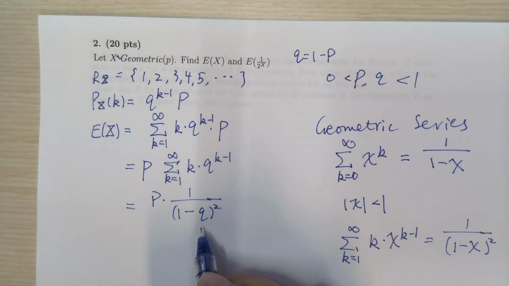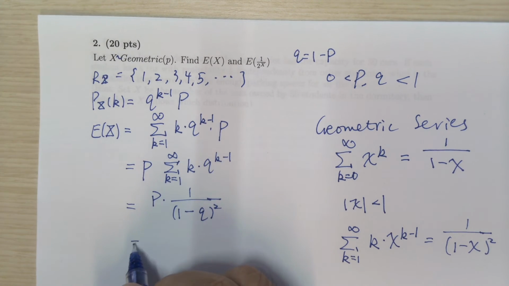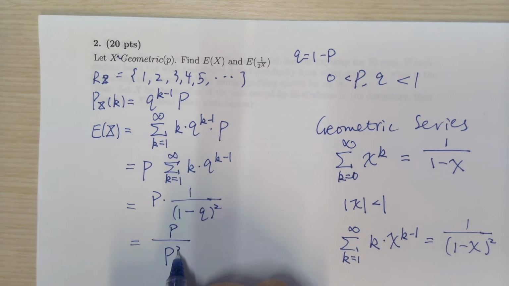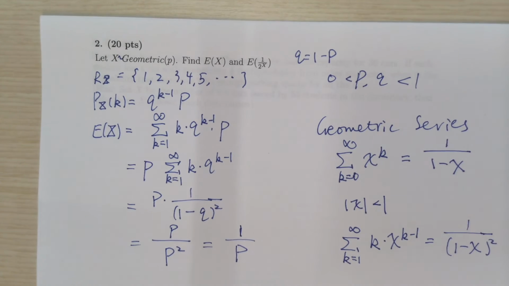And we know that 1 minus q equals what? Do you see? It equals p, right? So the p over p squared turns out that the mean is equal to 1 over p. So now this makes sense, right?